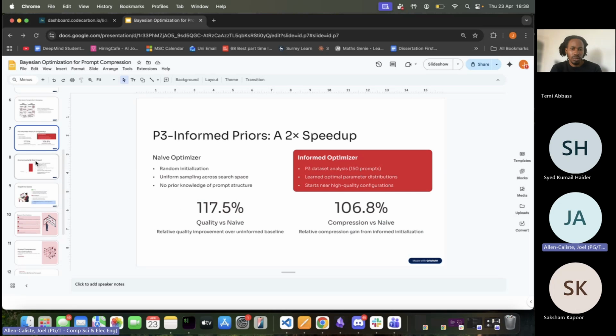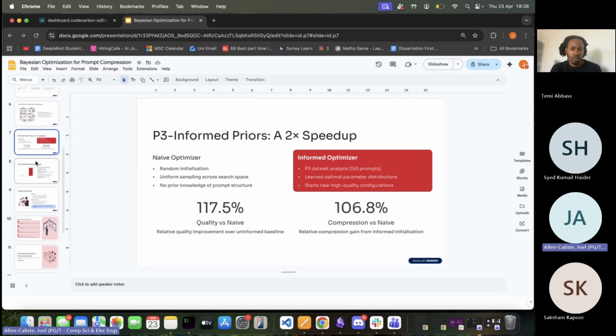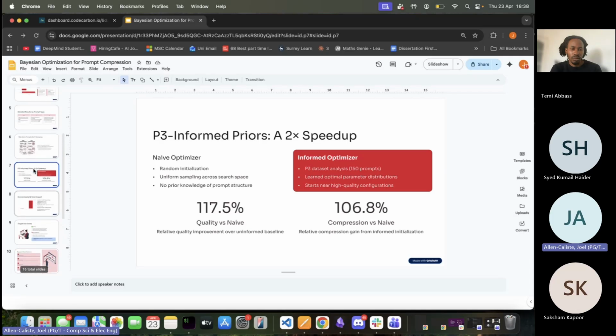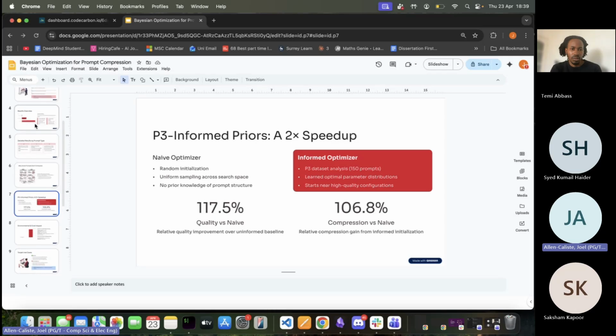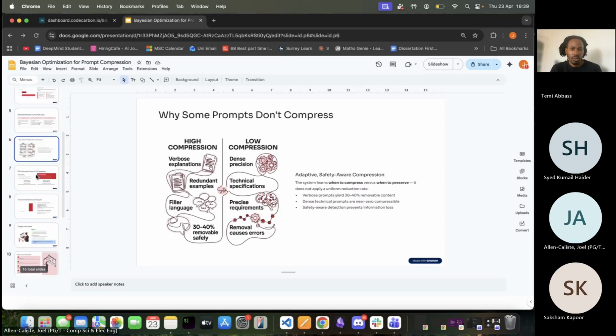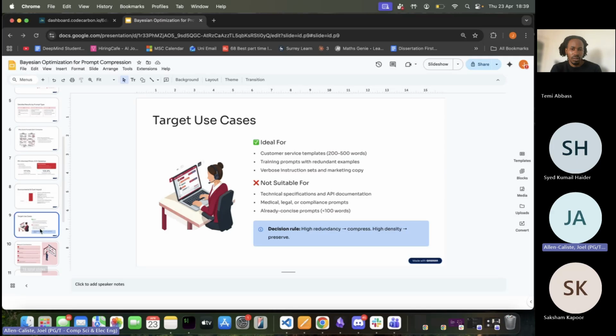And then another thing that I've done is that now that I've got my average model performance on different kinds of prompts, and using the informed optimizer, I was using it to calculate how much environmental impact we can reduce.